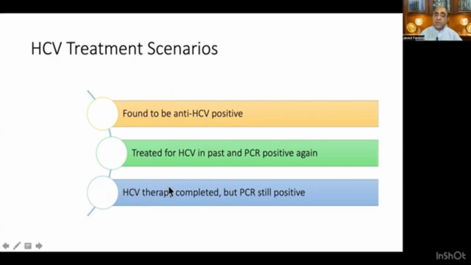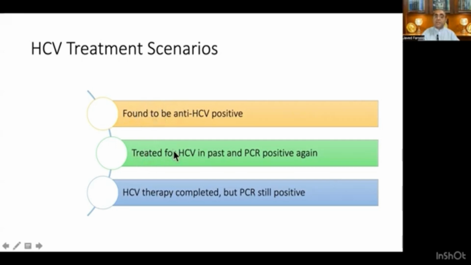And the third scenario is that you have given the treatment, the patient has completed the treatment, and the patient has come and his PCR is still positive. So if I summarize again, the first scenario is for treatment-naive patients. The patient is anti-HCV positive, may be a spontaneously recovered case, or may be viremic with a positive PCR, and you would like to start the patient on treatment.